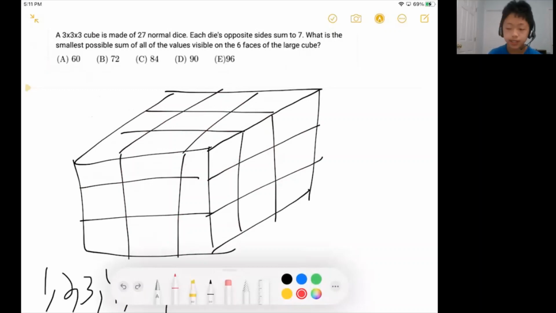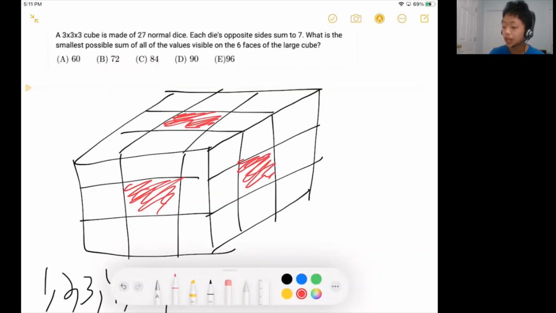The first category is if it's the center of a face. For example, this red cube here, this red cube here, and this red cube here. You can think of them as the centers of the faces of the cube. And clearly, if we want to maximize the sum, we want each of those red squares to represent a number 6, because 6 is the largest possible number you can get.